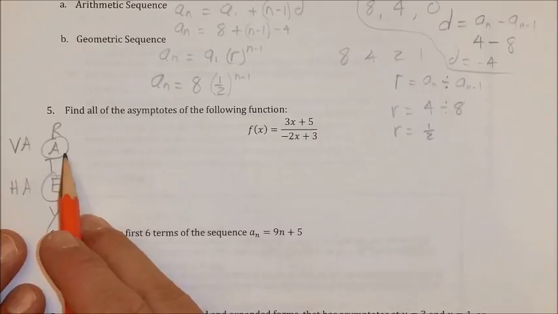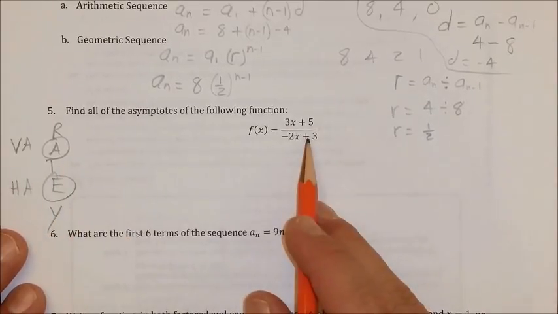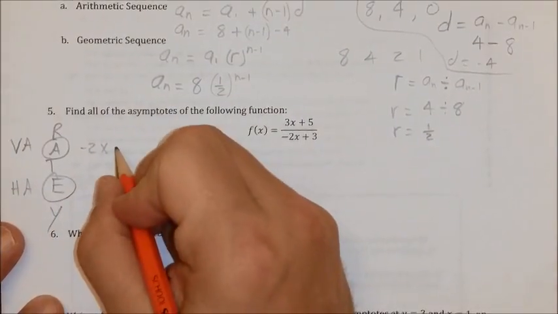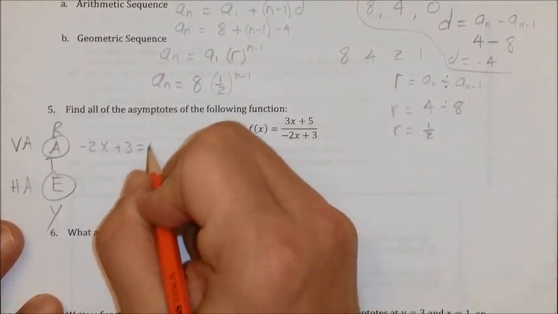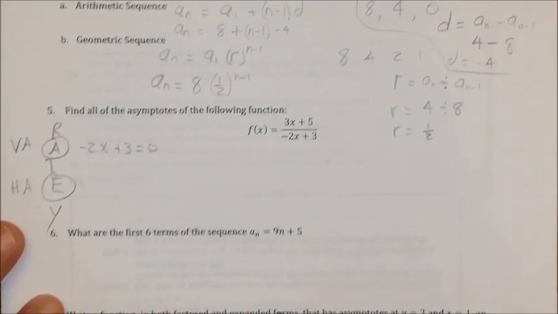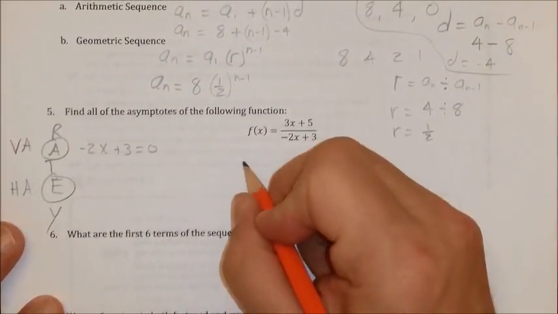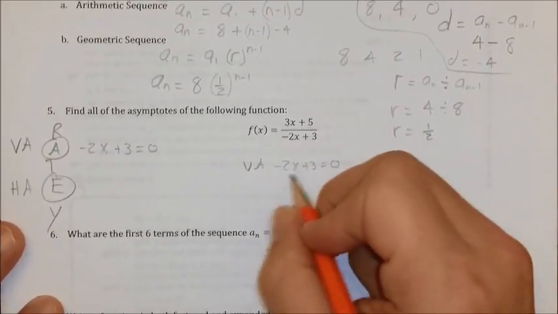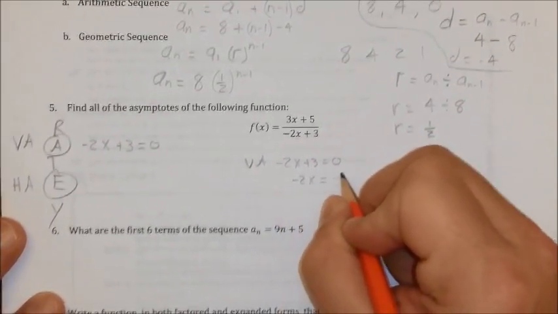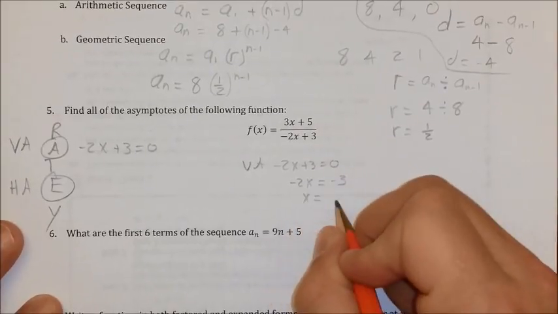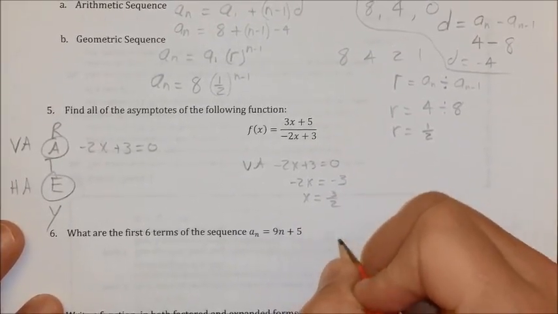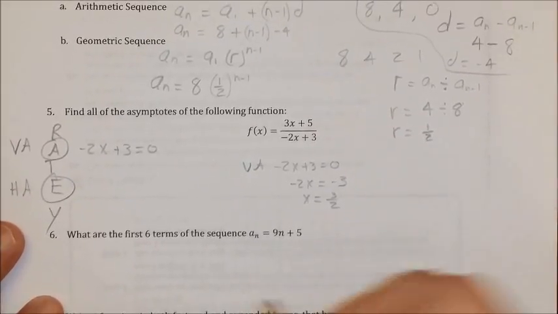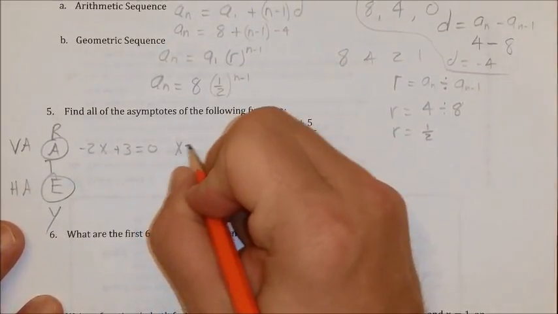To find a vertical asymptote, you just set the denominator equal to 0 and solve. I guess I'll do that right here. So I get x equals 3/2 is going to be the equation of our vertical asymptote.